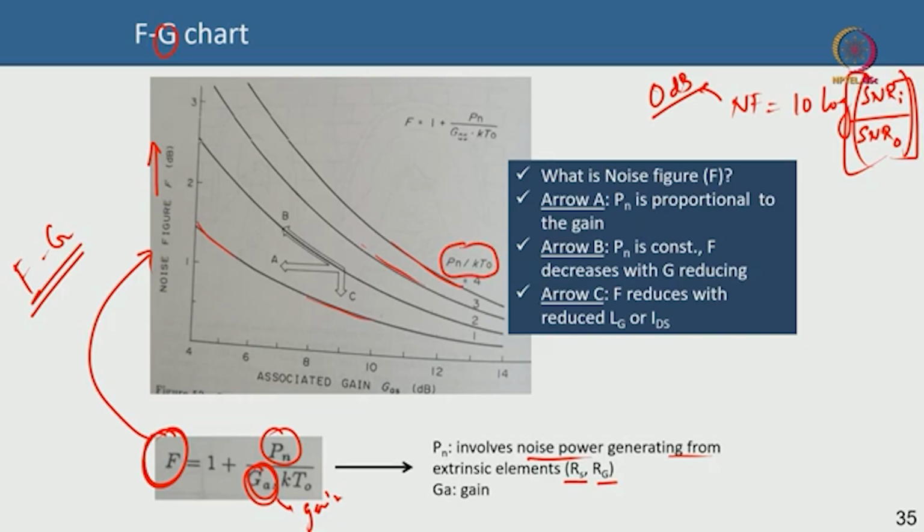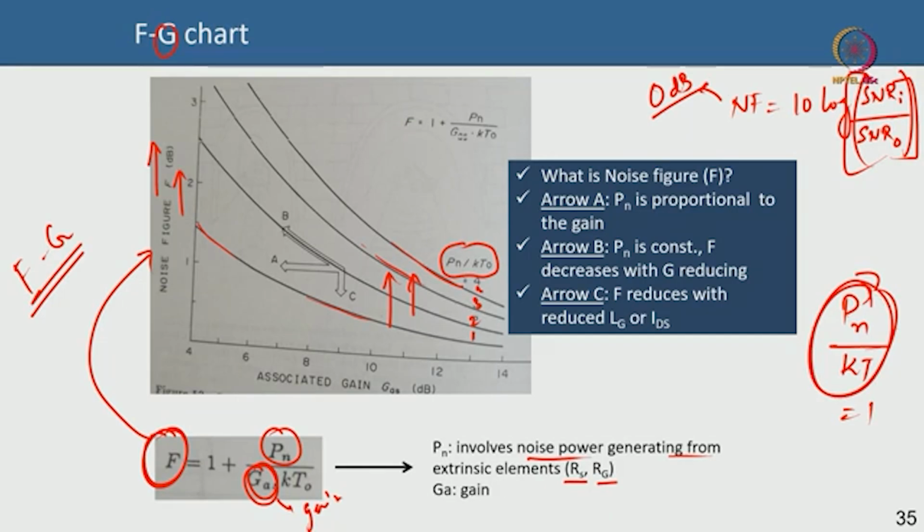So, let's keep the noise power divided by kT as your parameter. This ratio could be 1, 2, 3, 4, and you can see that as the ratio is increasing from 1 to 2 to 3 to 4, the curve is shifting upwards. That means the noise power is increasing, which is not a good thing, which means the noise figure is increasing. Of course, we know that.